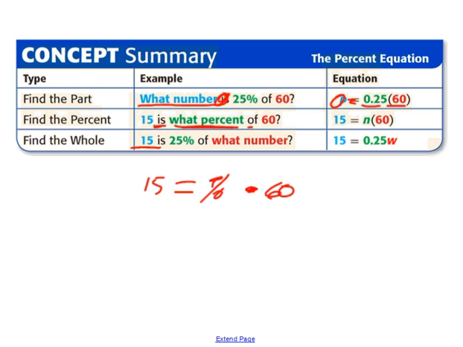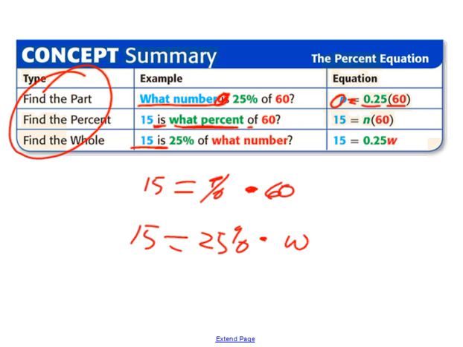The bottom one, 15 is 25% of, which means times, what number? So here's a quick way to look at the equations or the unknowns. What is it I'm looking for? And what would be the equation that I have at the end?